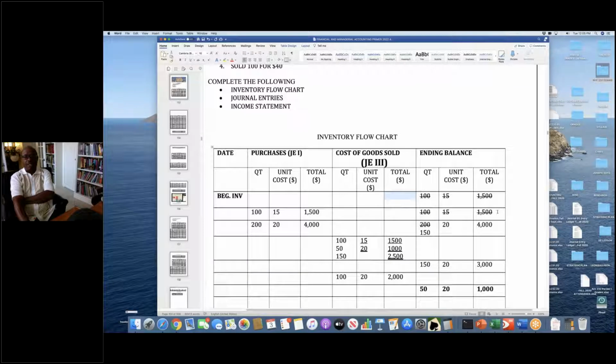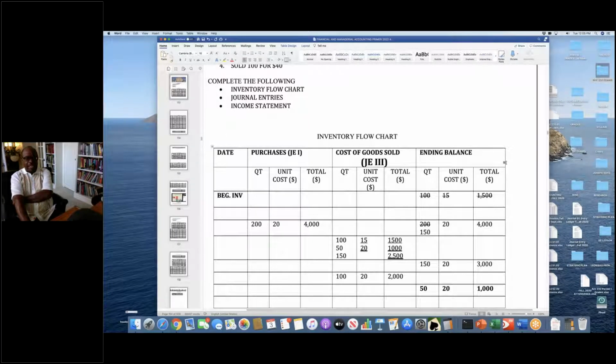So this line would have been blank. I'll just take it out. If you have beginning inventory, you wouldn't have a journal entry. You already had them. Nothing would change, except you wouldn't make this journal entry because you already had bought. All stays the same. Got it now? Good.